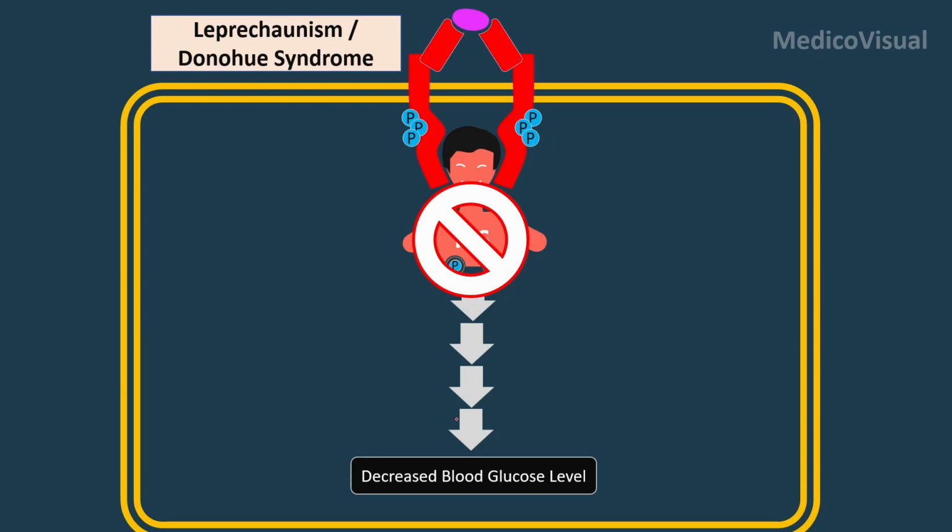So if there is severe insulin resistance due to receptor defect, that is leprechaunism, there will be severe growth delays and lots of metabolic problems. Unfortunately, such children rarely survive beyond 1 year of age. But the good thing is that this disease is very rare, fortunately.